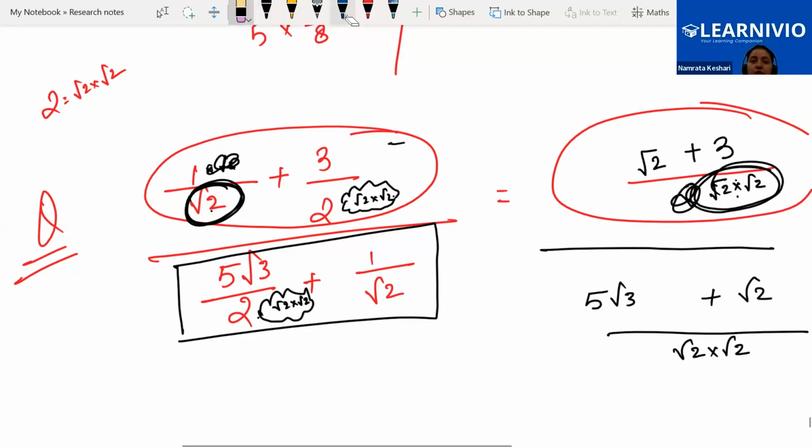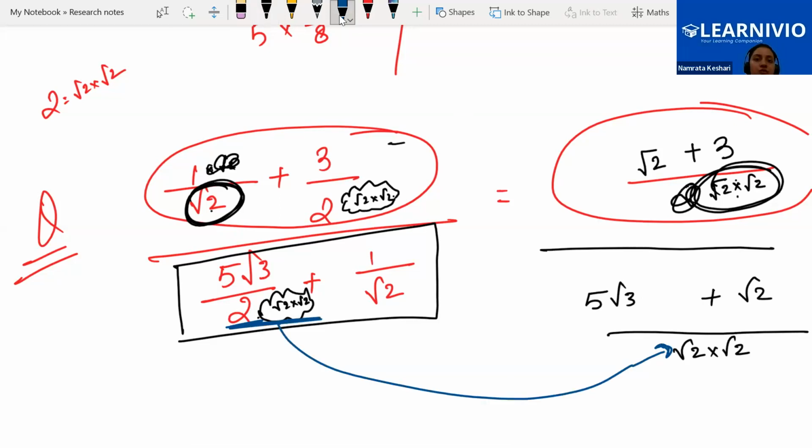Because whatever denominator is here, exactly the same we are having, so we don't have to change the numerator. Right? Yeah. 5 root 3 as it is, we will copy paste because the denominator is as it is. 2 means root 2 into root 2, and that is only we are having as the LCM. Getting it? Yeah. Got it.